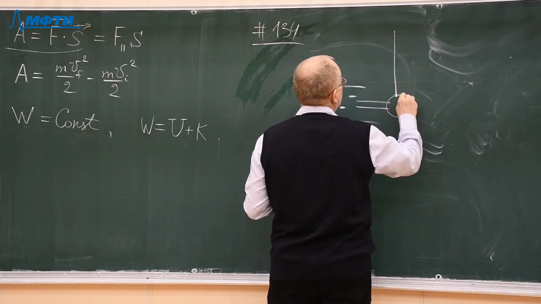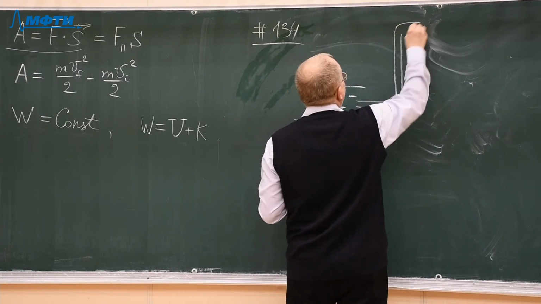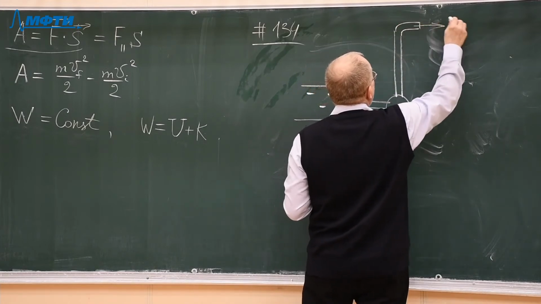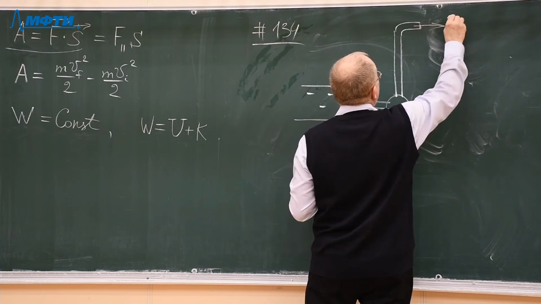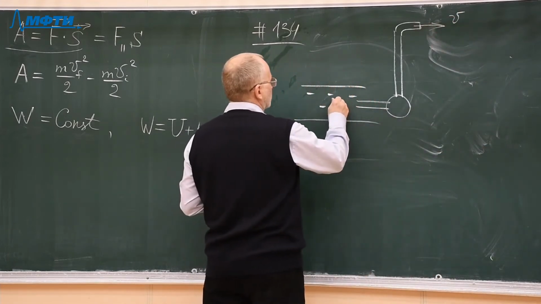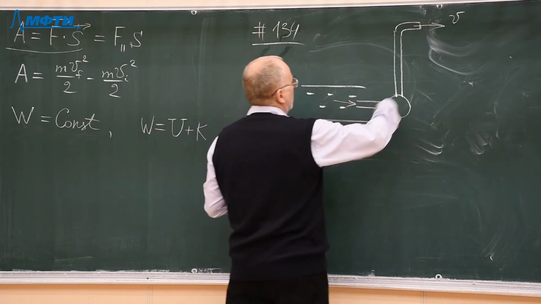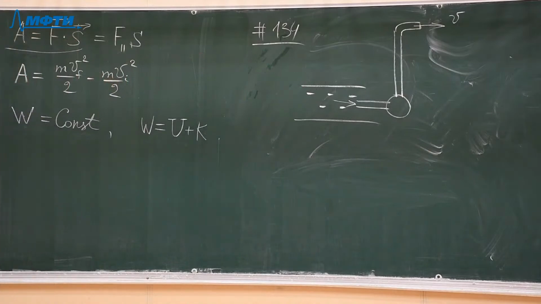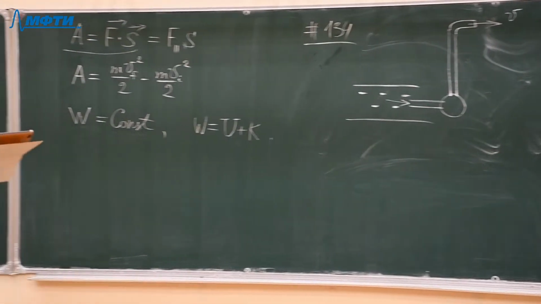They pump water to some height, and then water runs from this small orifice with some velocity. So the pump takes water from this reservoir and lifts it to some height. This is actually what pumps usually do.